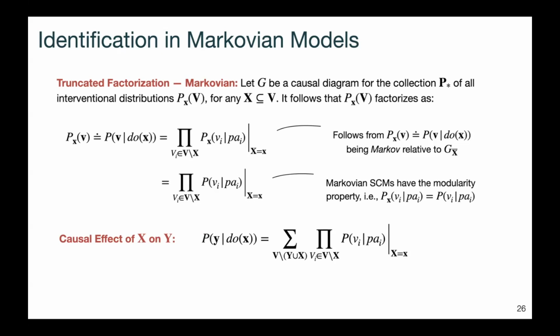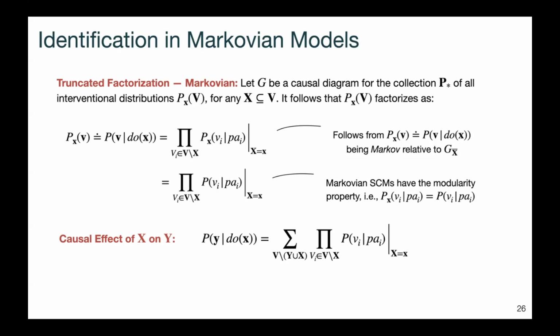Is this clear? You're making weird faces. I think it's not clear. So as I told you, every time that you have a real causal diagram, following the causal functions and confounding and everything, it implies a factorization of this interventional distribution.